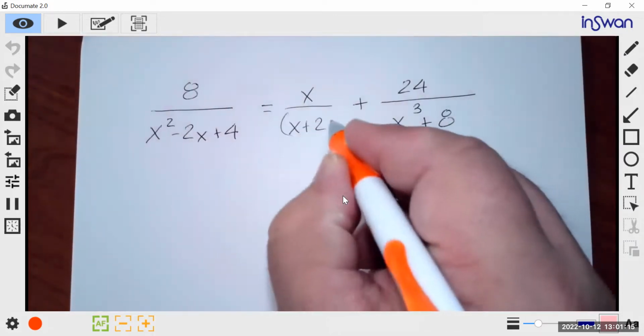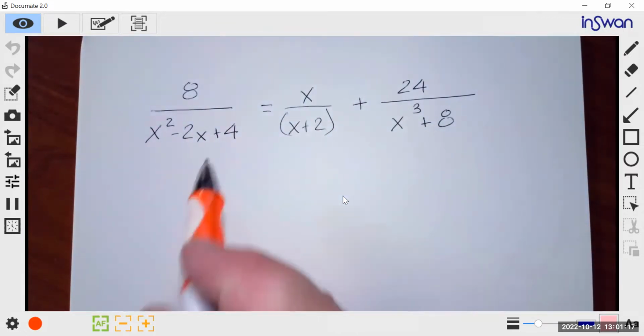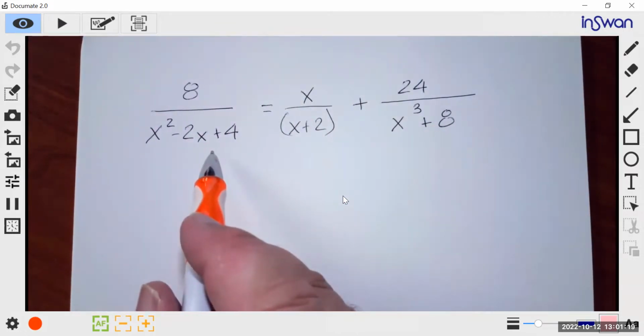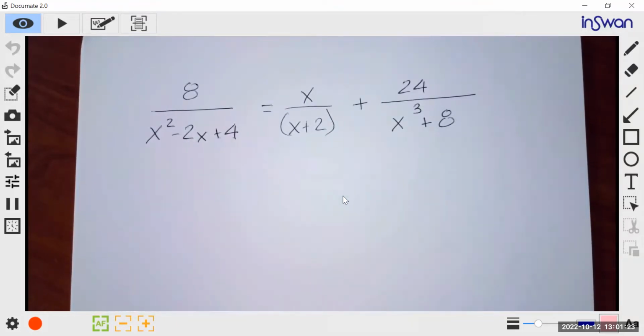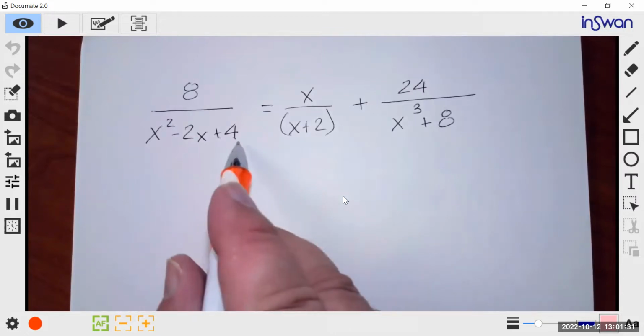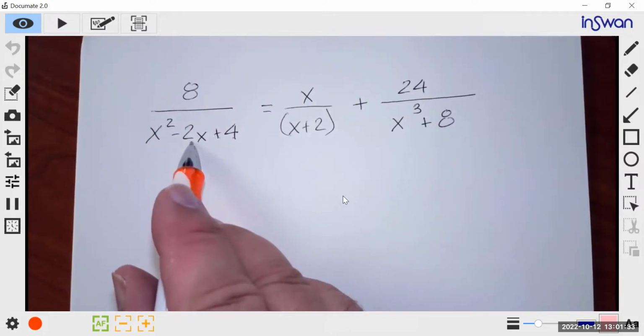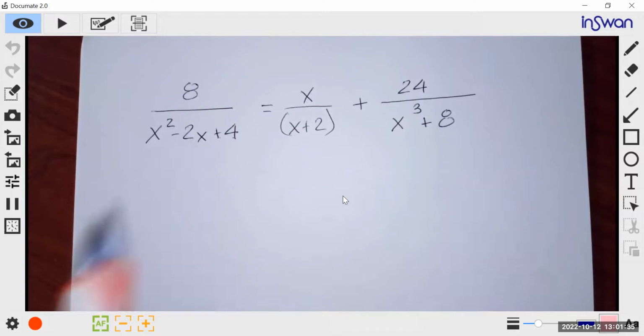So this one's already factored, can't go any further. Can this one go any further? What times what is 4? When you add them, you get 2. Two times 2 is 4, 2 plus 2 is 4. So that one can't go any further.